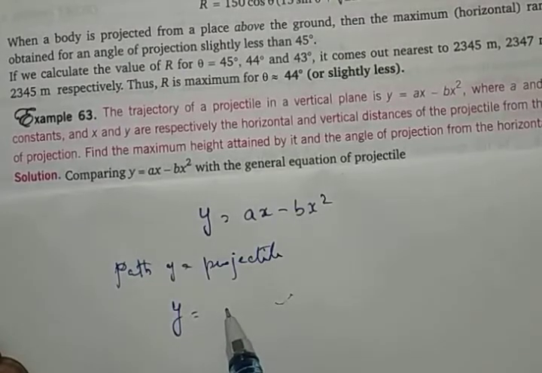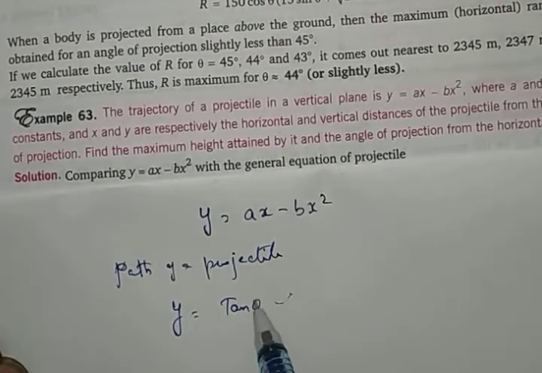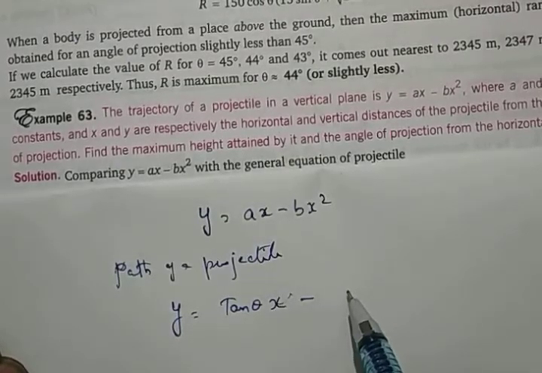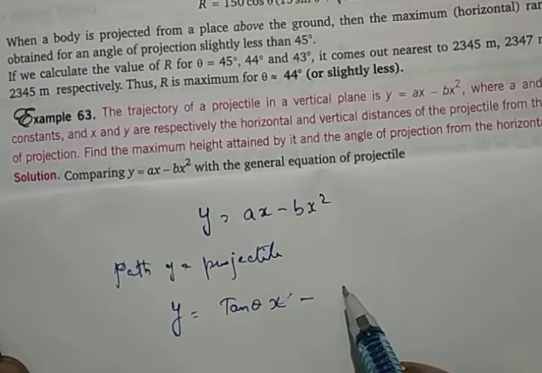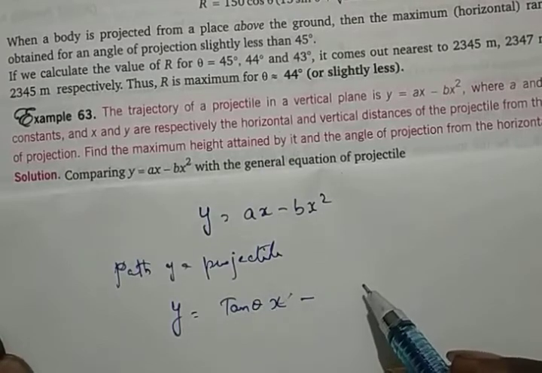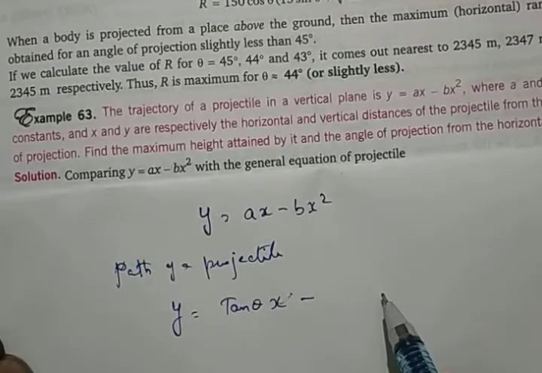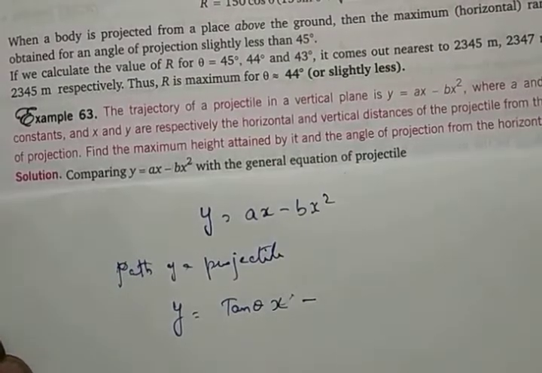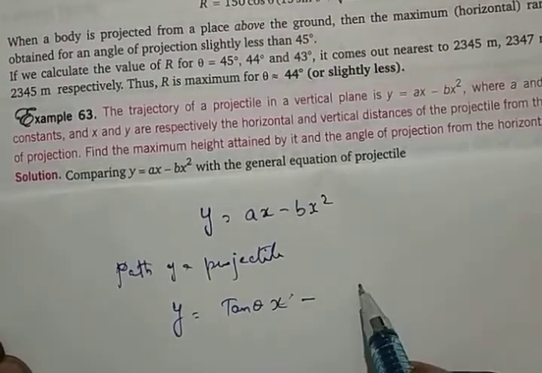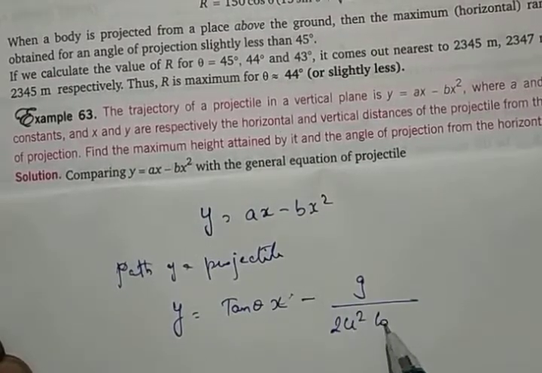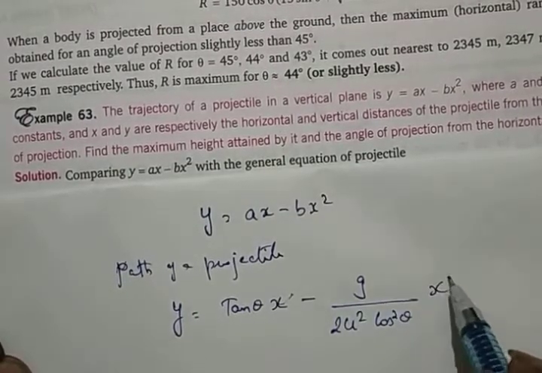It is tan theta into x minus u square upon 2g cos square theta into x square. So it gives a formula like this, where you can say it is g upon 2u square cos square theta into x square.